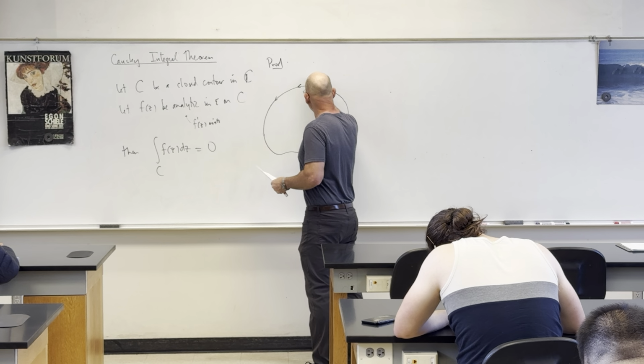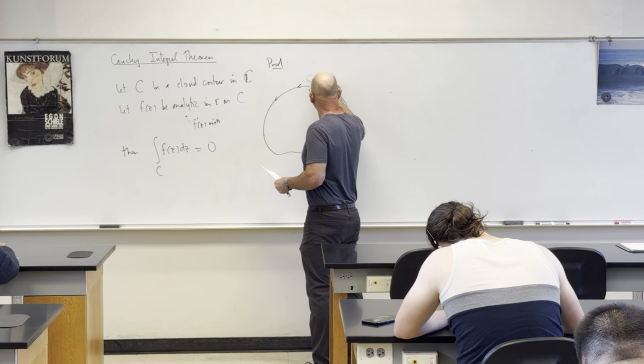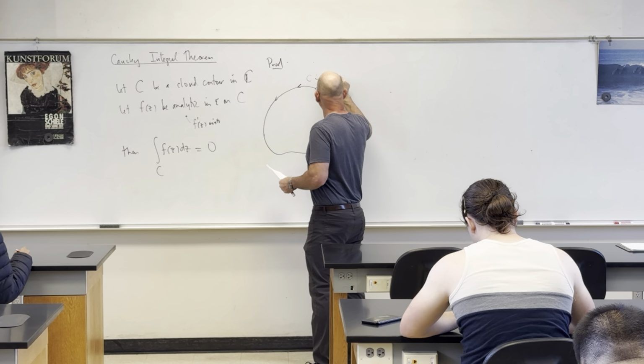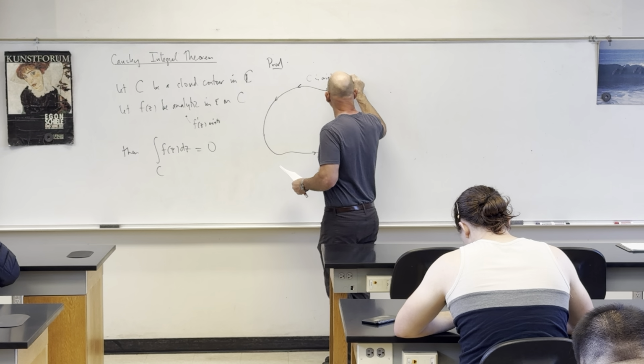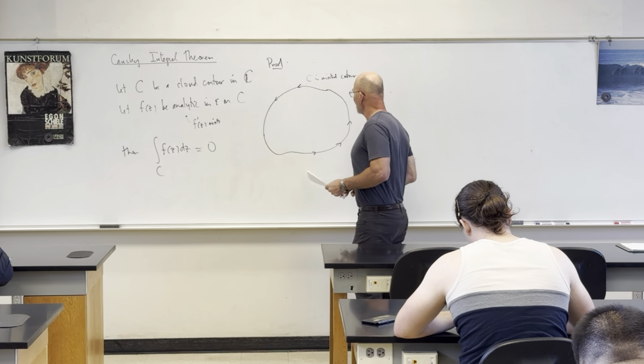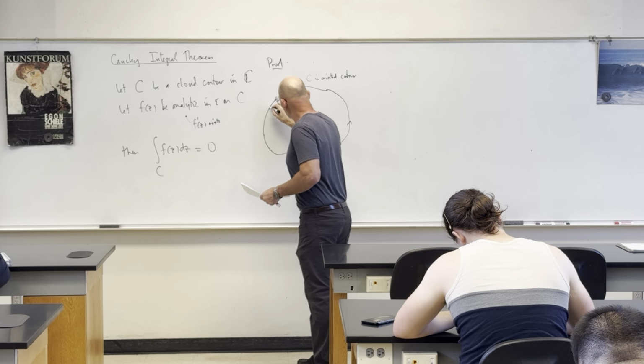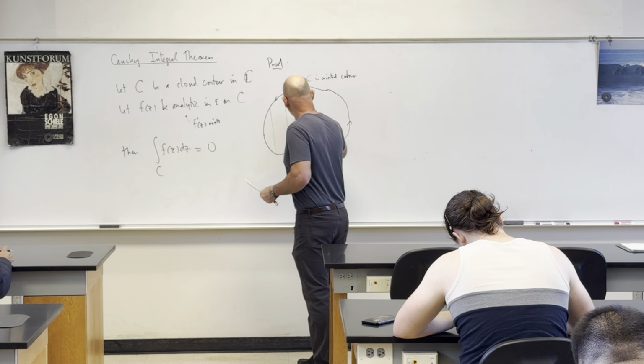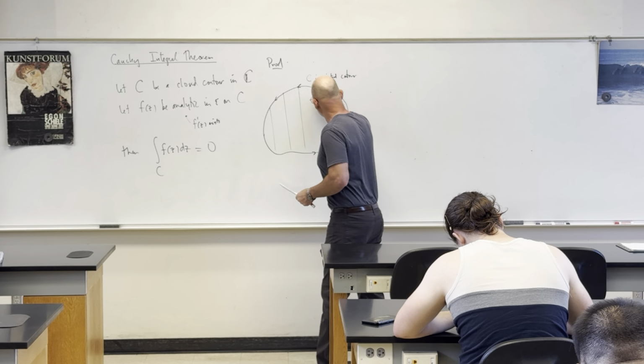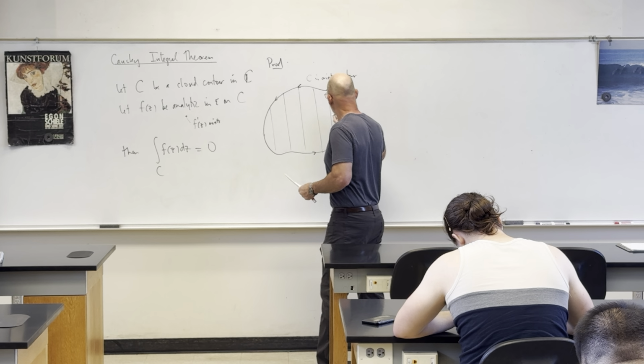So C is the outside oriented contour. And what we're going to do is build this grid here. You may have seen something similar with Stokes' theorem.